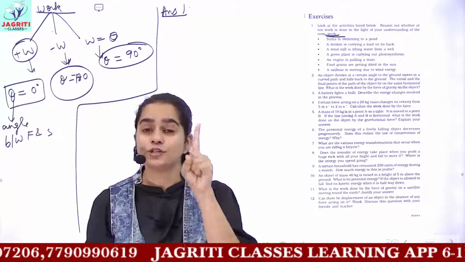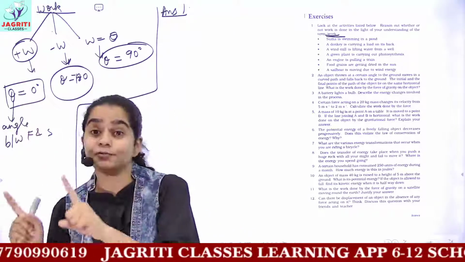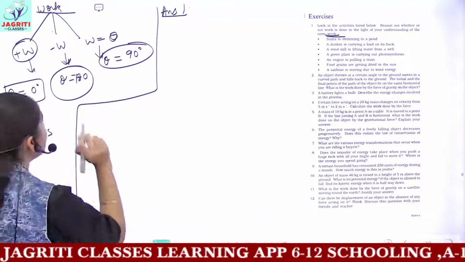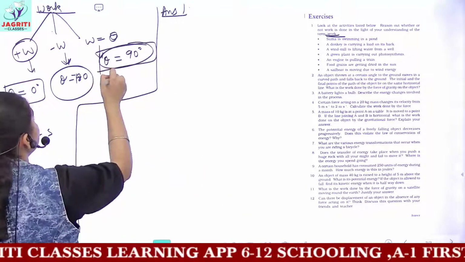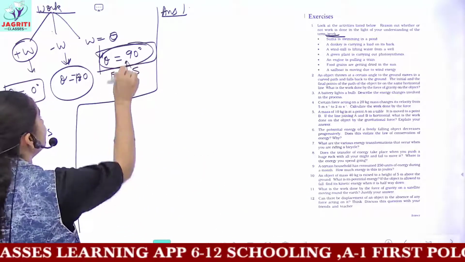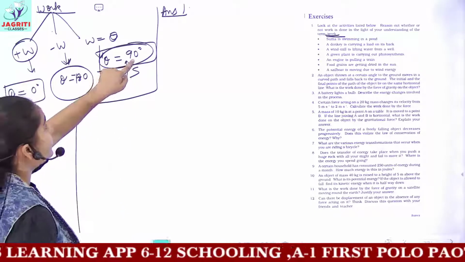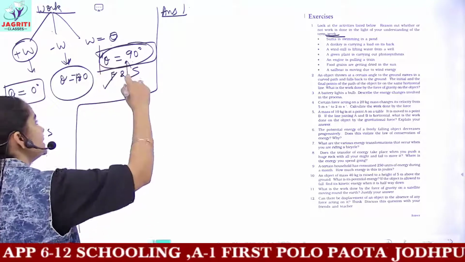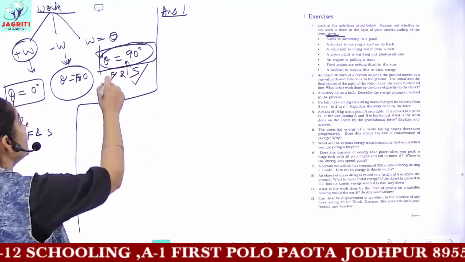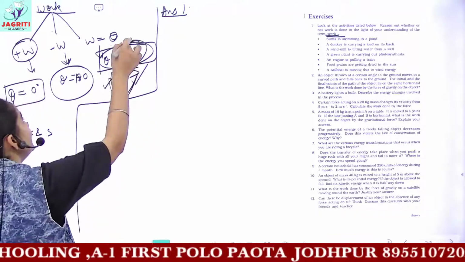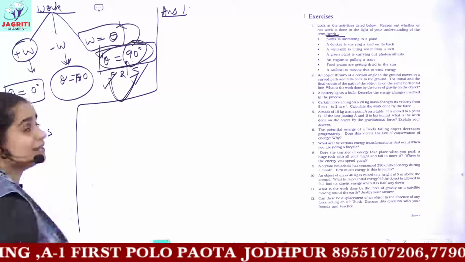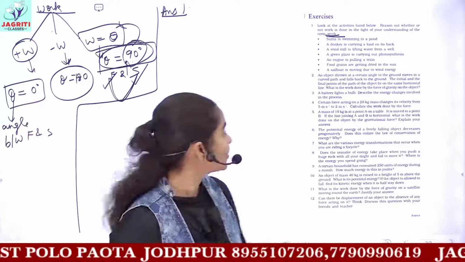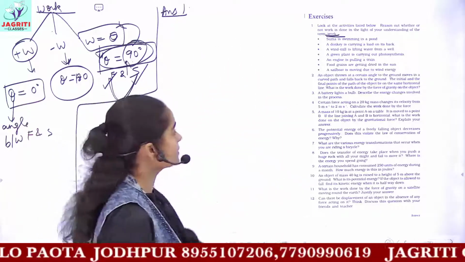If a force is being applied and because of that force the object undergoes displacement, you have to remember that the angle between force and displacement should not be 90. If the angle is 90, then the work would be 0. Whatever the case, if force is present and displacement is present, but the angle between both is 90, then the work would come out to be 0, that is, no work is being done. So accordingly study all the questions.